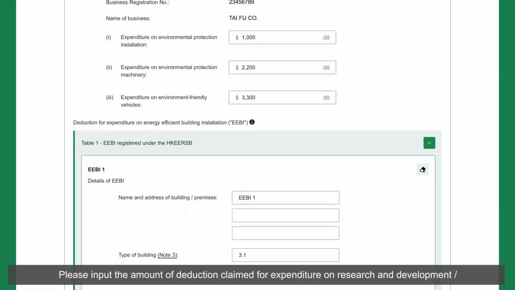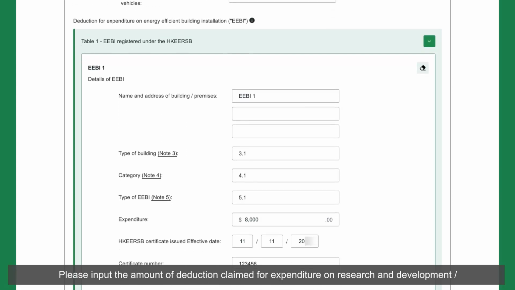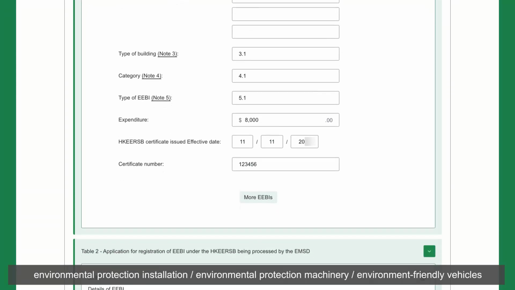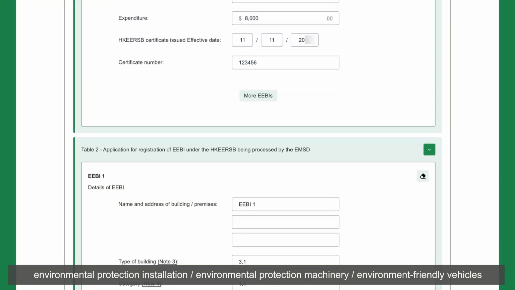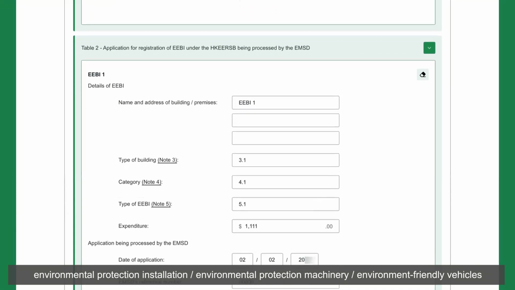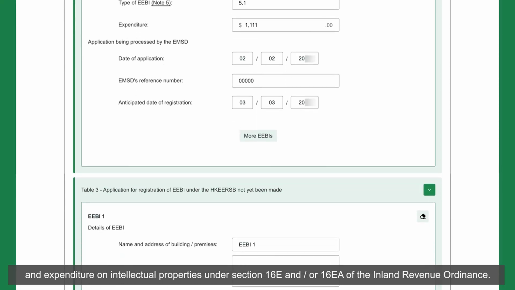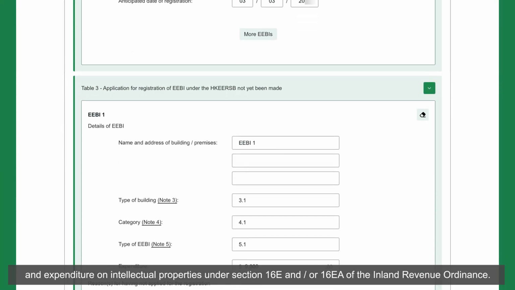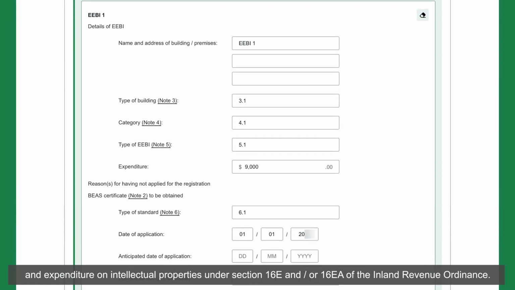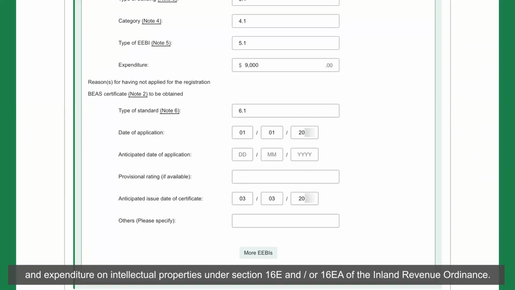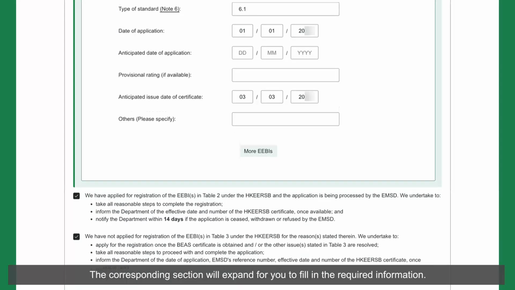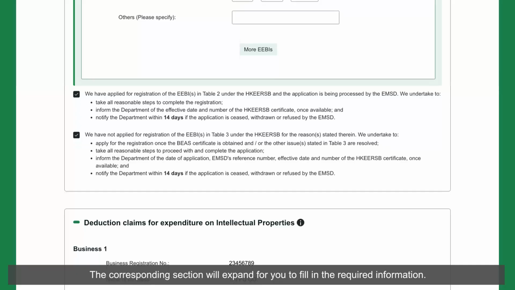Please input the amount of deduction claimed for expenditure on research and development or environmental protection installation or environmental protection machinery or environment-friendly vehicles, and expenditure on intellectual properties under Section 16E and/or 16EA of the Inland Revenue Ordinance. The corresponding section will expand for you to fill in the required information.